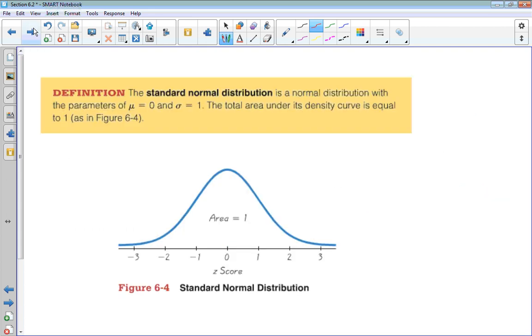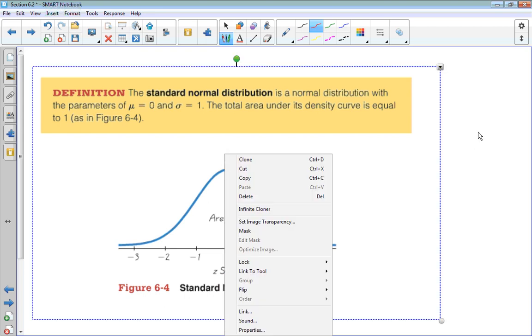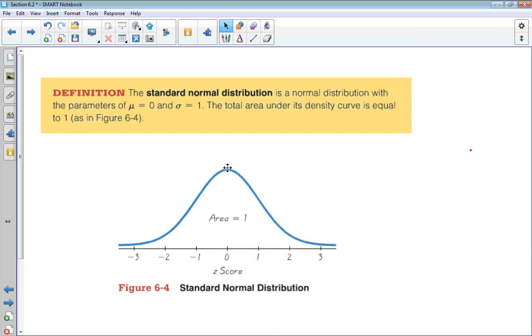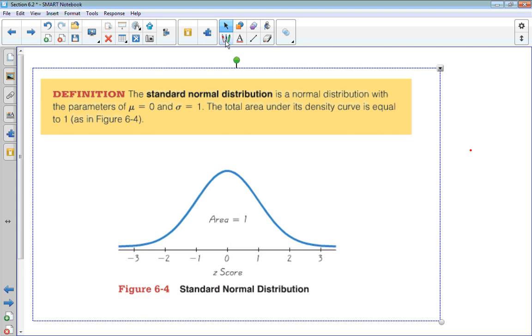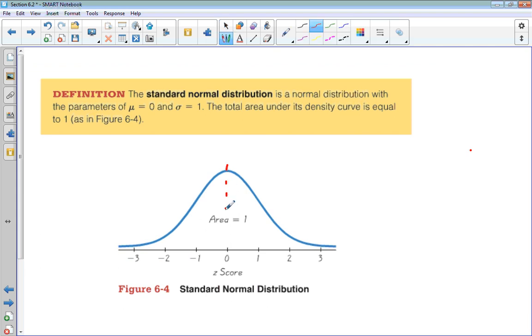So here's a picture of the standard normal curve. Please note this is exactly the picture we looked at earlier. You'll see that here's my z-score, exactly in the middle.